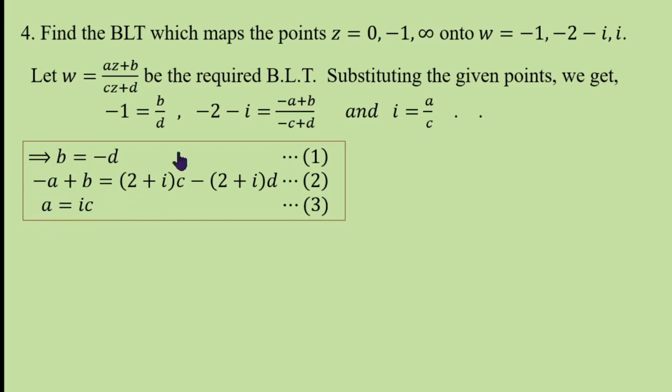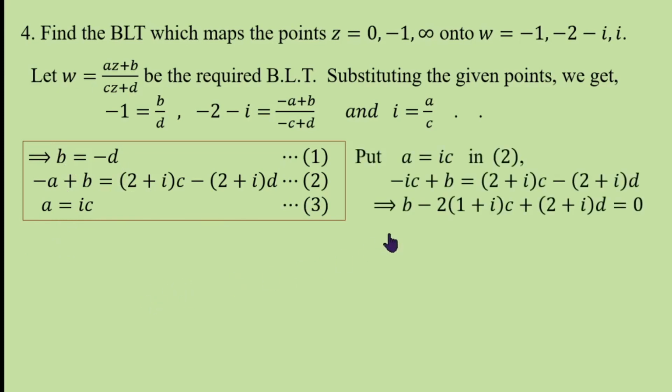Now, are there any two equations not involving one of the variables? Here B and D, here A and C, here A, B, C, D all are there. Therefore, how can we eliminate? Either eliminate D or eliminate B using the second equation, because in the third equation B is not there and D is also not there. Therefore, put A equal to iC in the second equation. Then minus iC plus B equal to (2 plus i)C minus (2 plus i)D.